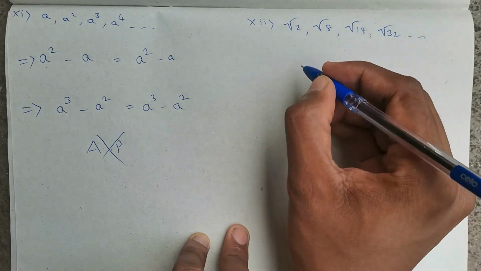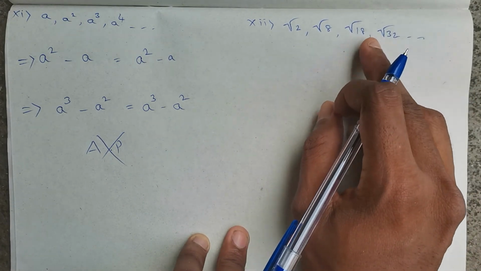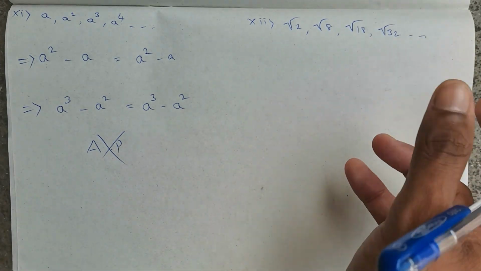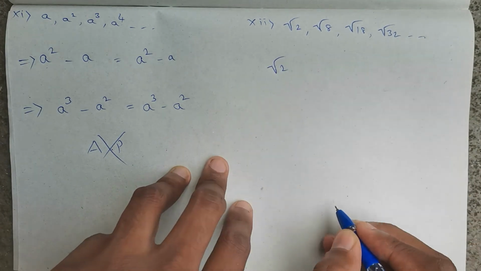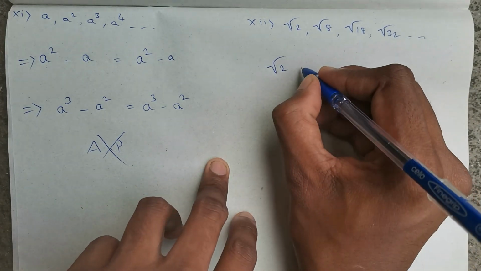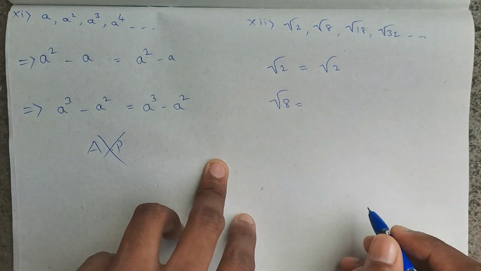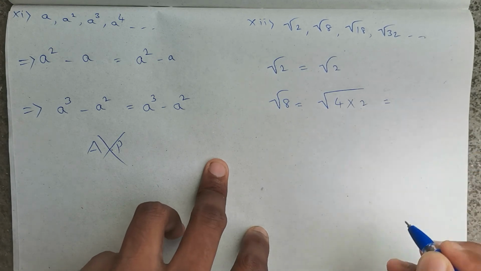Next, first term root 2, then root 8, then root 18, then root 32 and so on. First I will simplify the given terms. Root 2 is already in simplified form, so as it is root 2. Next, root 8 can be written as root 4 times 2.